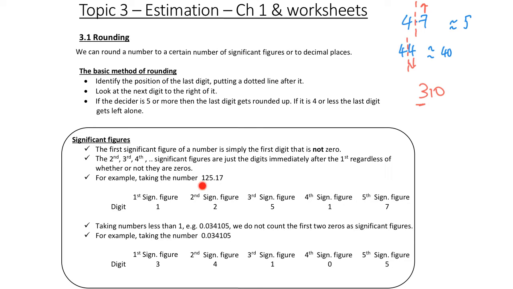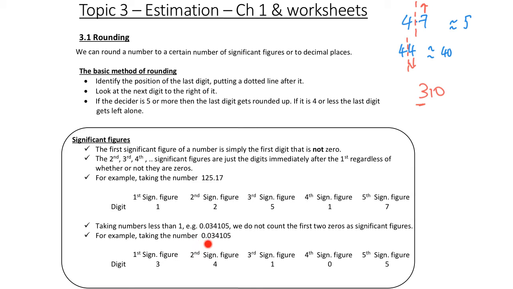In this example, we've got 125.17. So the first significant figure is the 1, the second is the 2, the 5 is the third, 1 is the fourth, and 7 is the fifth significant figure. With numbers less than 1, so 0.00 or whatever, all those decimal numbers, we don't count the first zeros as significant.